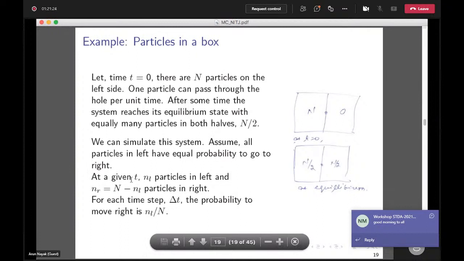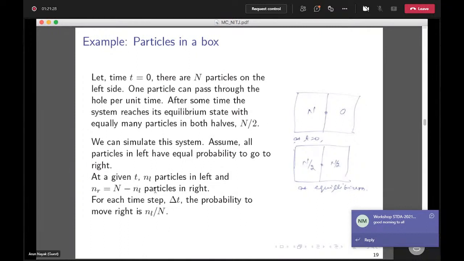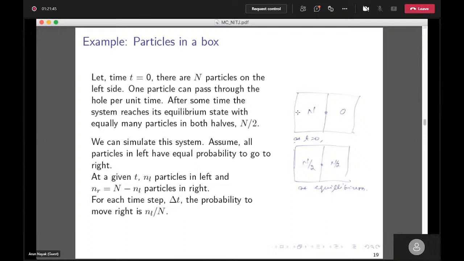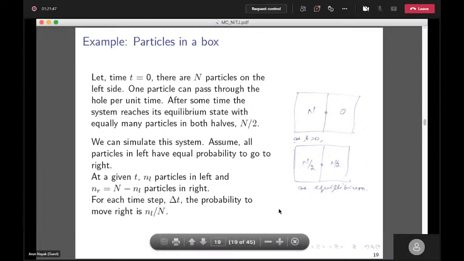Suppose at a given time t, you have nl particles in the left and nr particles in the right, so the sum nl plus nr is the total n. For each time step delta t, the probability to move a particle to the right is nl by n, the number of particles in the left divided by the total number of particles.